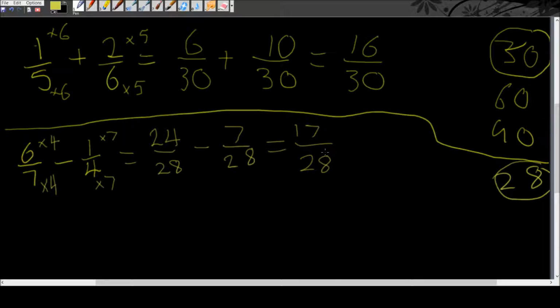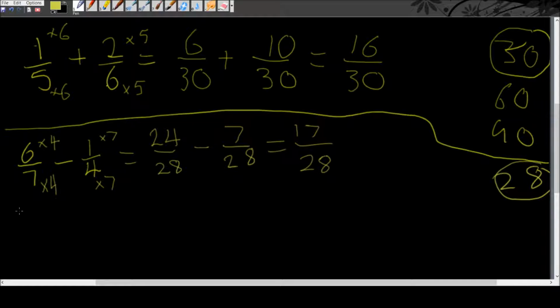Beautiful. So basically that's how to add or subtract fractions that have different denominators that require you to do something to both of the denominators. And as you can see, some of you may be able to see a pattern. In these cases, we've basically just timesed the two numbers together.